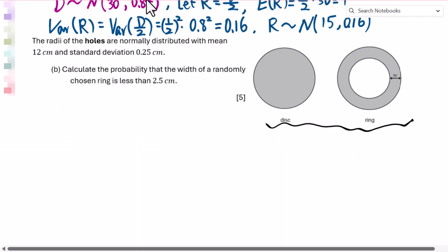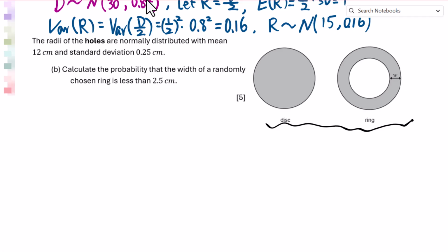The radii of the holes are normally distributed with a mean 12 centimeters and a standard deviation 0.25 centimeters.